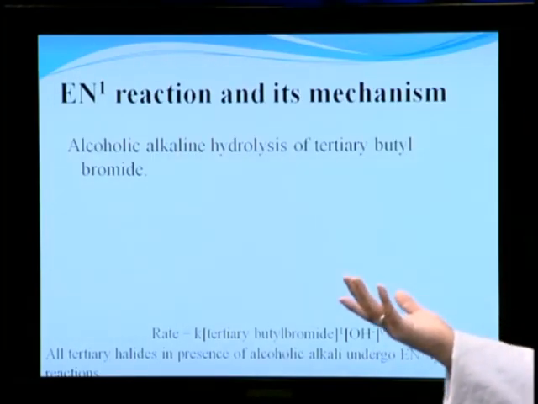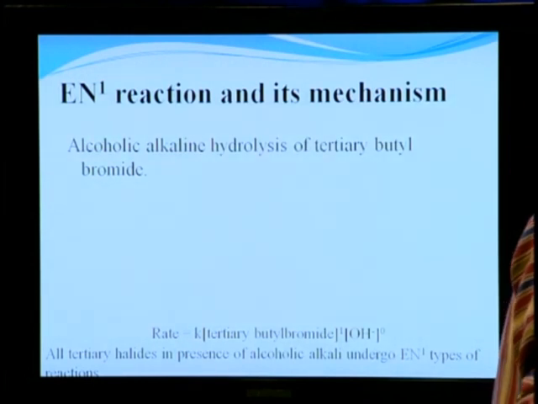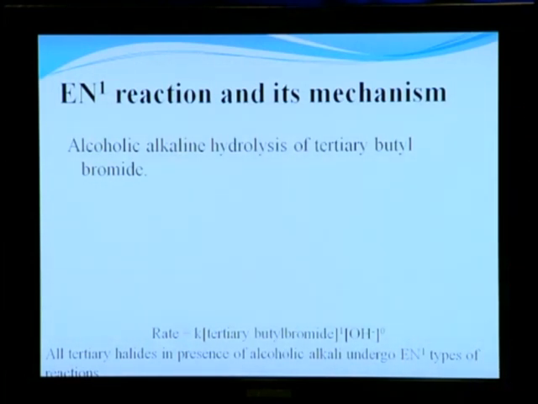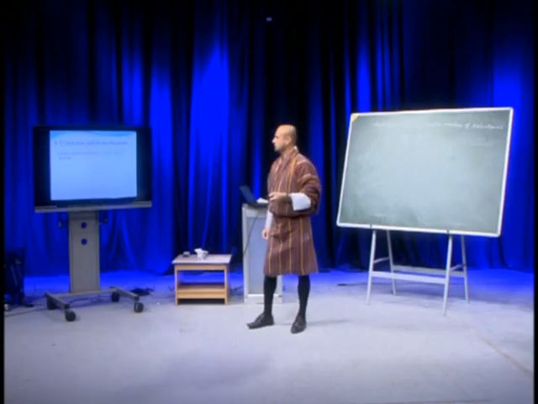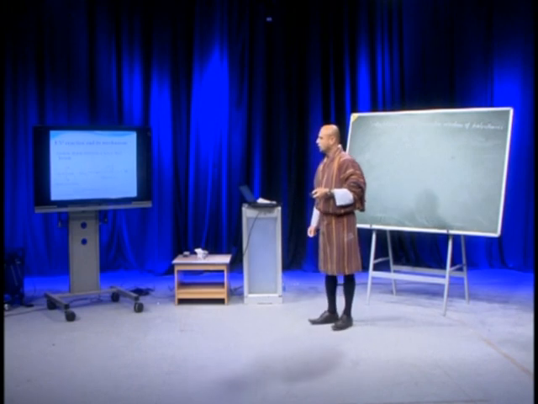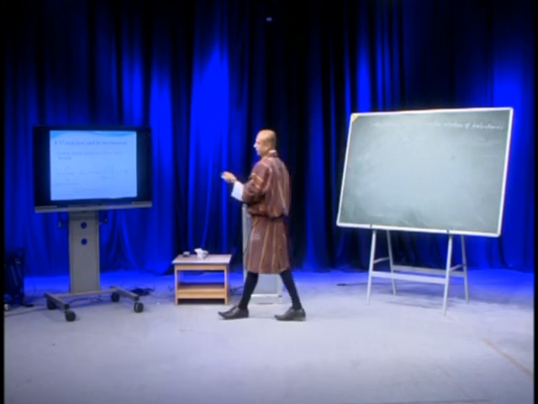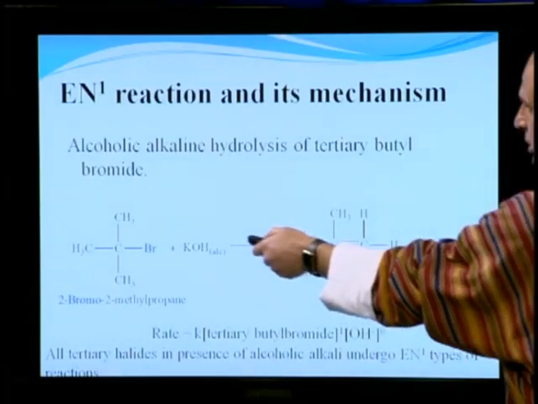Again, like SN1 reaction, tertiary alkyl halide or tertiary butyl bromide, hydrolysis of tertiary butyl bromide, undergoes or follows this mechanism. As you can see here, what's happening? This is going out.